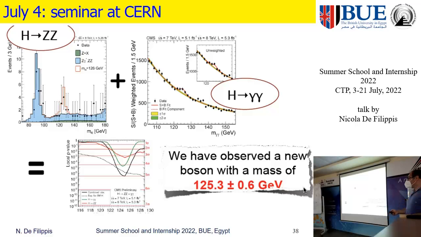Okay. And why were we not sure about the fact that it could be a Higgs boson? Because to be sure that it was the real particle predicted by Peter Higgs, you had to measure all the properties, not only the mass, but the couplings and the width and whatever. Okay.